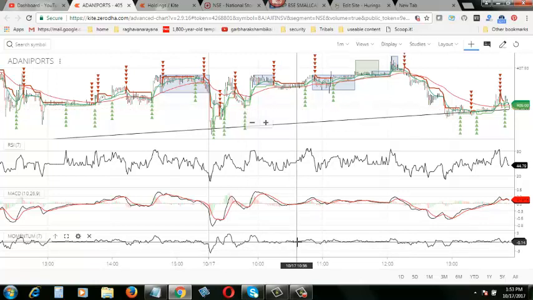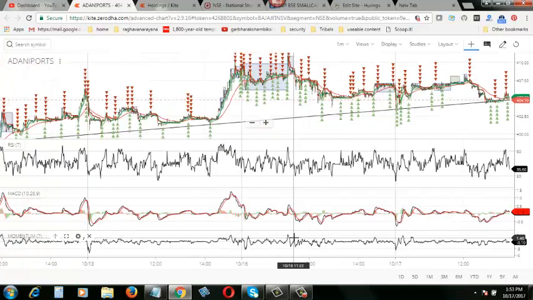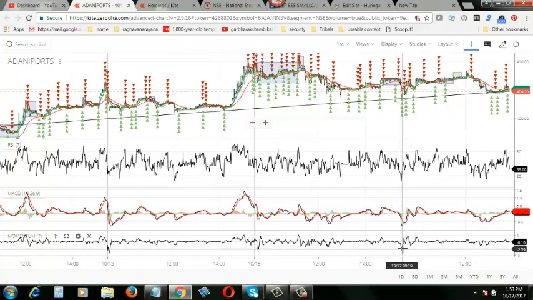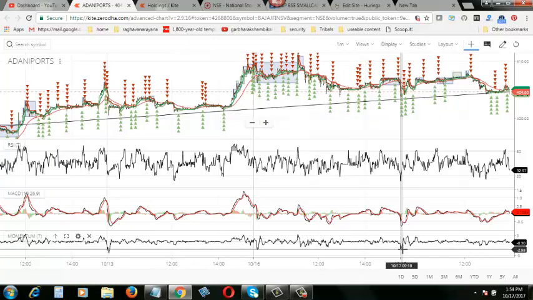The momentum, the volatility is not much. So when it comes to day trading, today particularly, I don't think people might have made big money on this one, except when they invested at the lowest point, whenever the stock hit the lowest point. If they had invested then, they might have made a little bit of money.